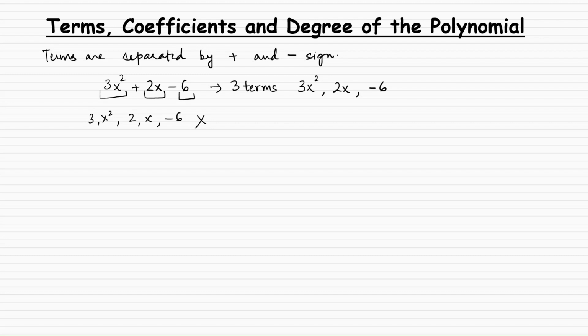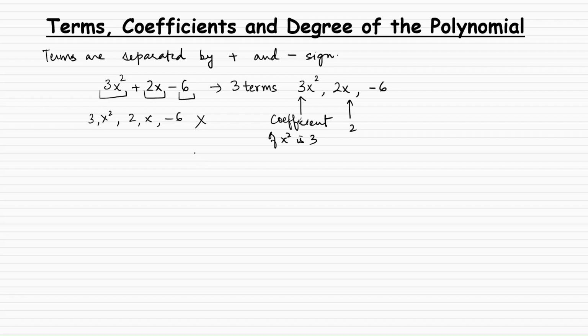These are the terms. What are the coefficients? If I look at these terms, the constant number which comes in front of the variable, the number which comes with the variable, is called the coefficient. So, the coefficient of x square is 3. What is the coefficient of x? It's 2.